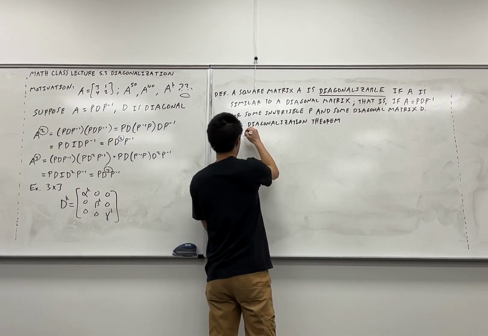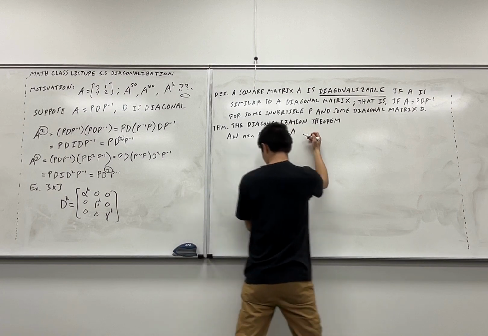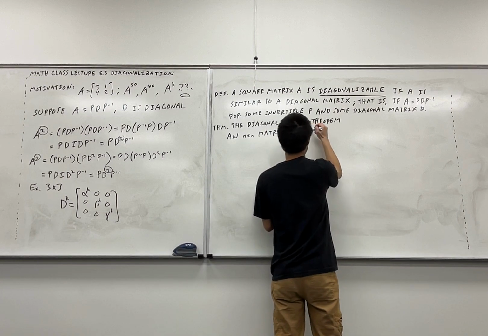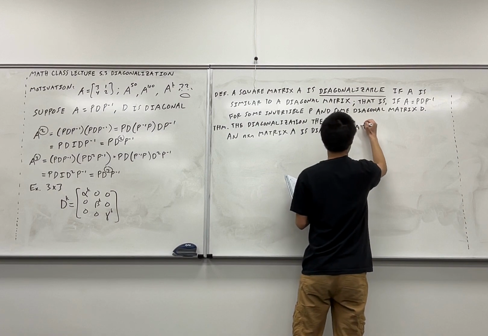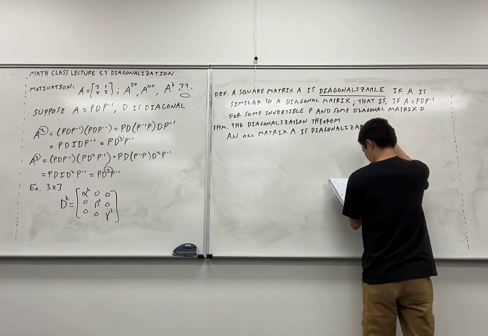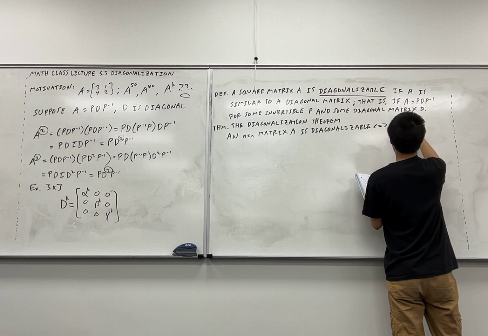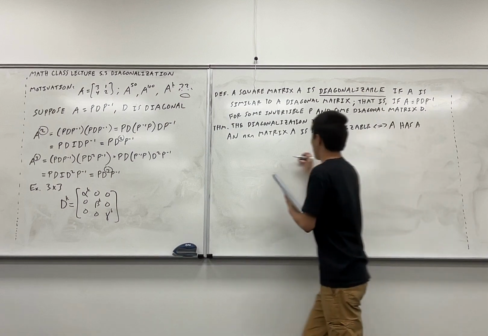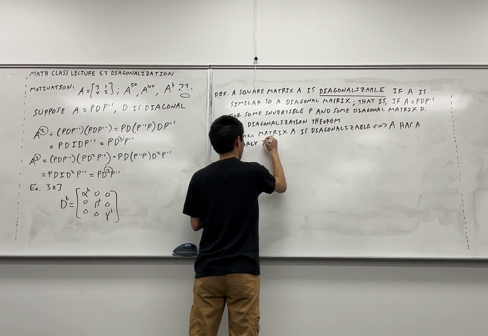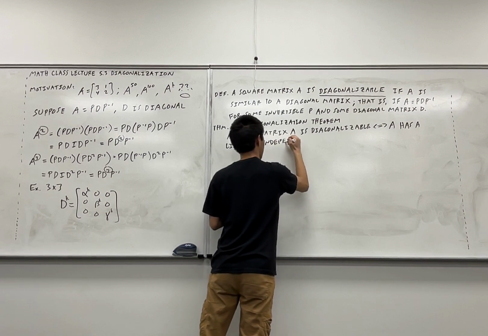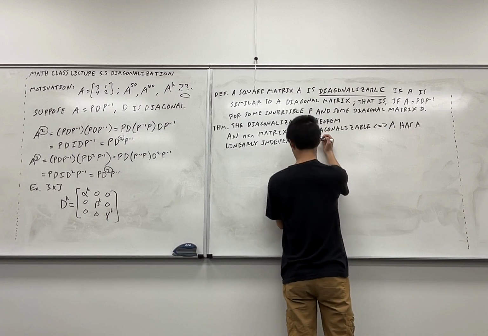An n by n matrix A is diagonalizable if and only if A has a linearly independent eigenvector.